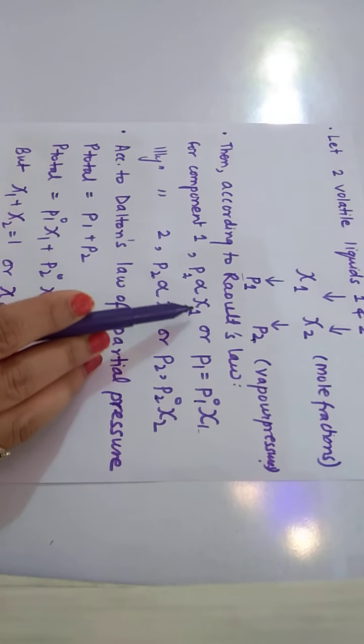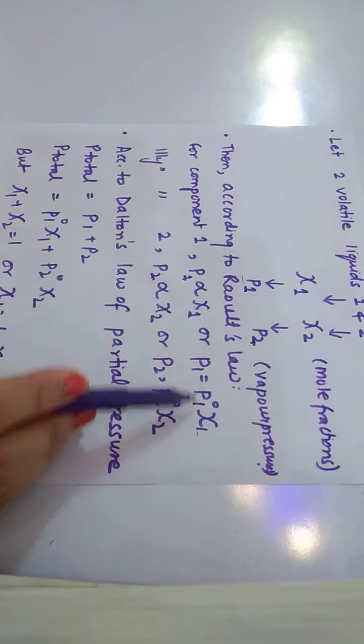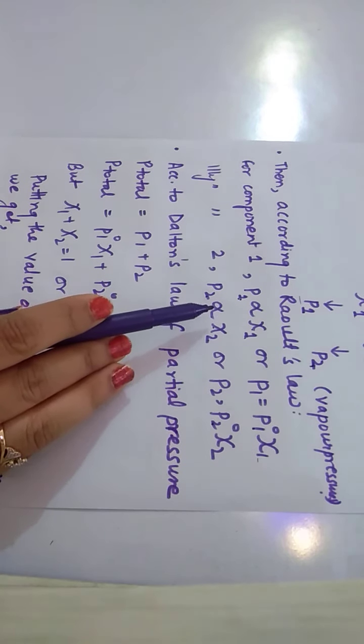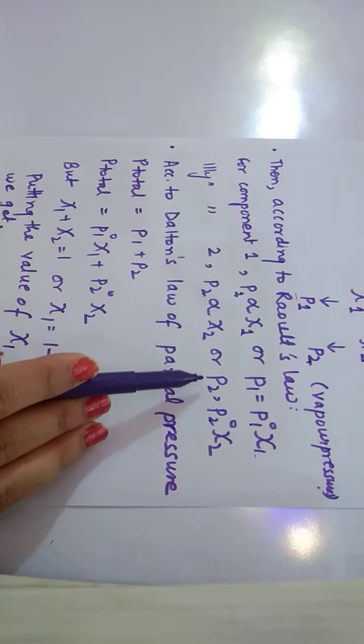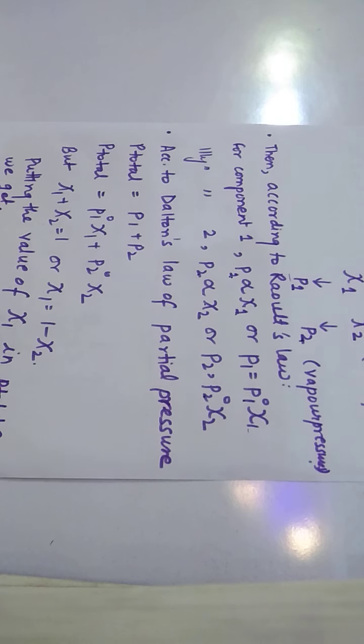So P1 is directly proportional to x1, or P1 is equal to P1 naught x1, and P2 is directly proportional to x2, or P2 is equal to P2 naught x2.